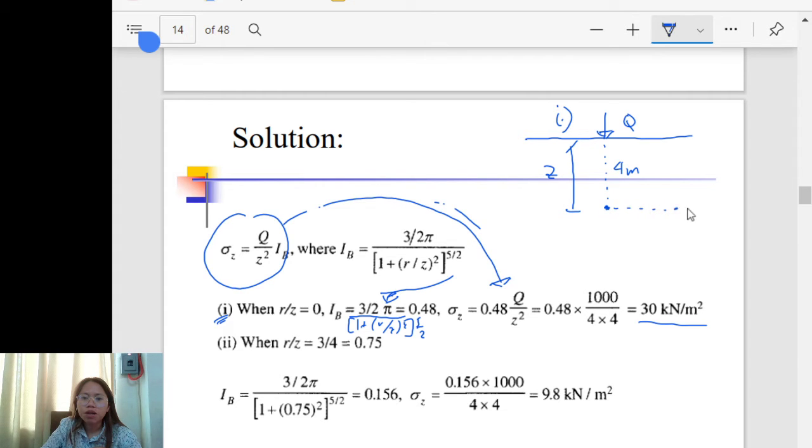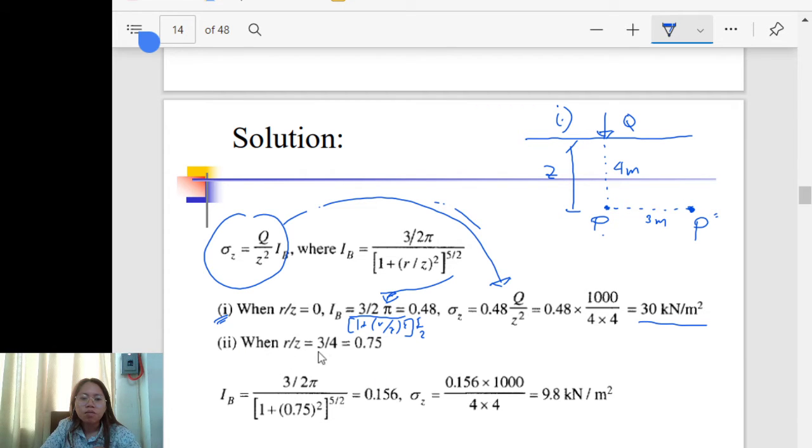What is the pressure or the stress at this point, using the Boussinesq equation?